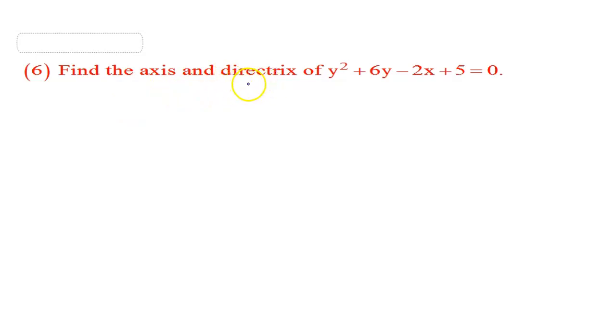He is asking for the axis and directrix of the parabola. Here in the given question, the y square term and y term stay on the left side, and the constant and remaining terms go to the right side.